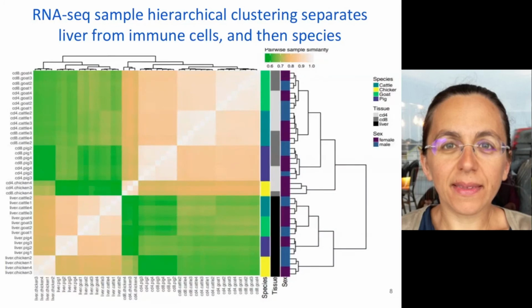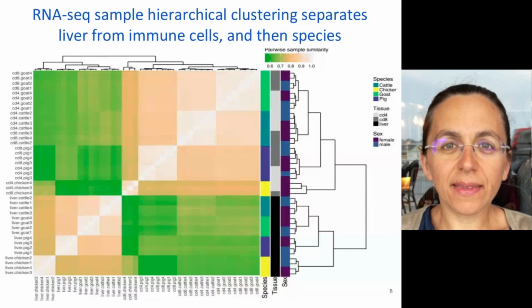What you can also see on the right is 3 types of coloring of the samples, based on species, tissue, and sex. And we also did a hierarchical clustering of these samples based on the similarity computed as the Pearson correlation on the log10 expression. And what we can immediately see are 2 groups of samples.